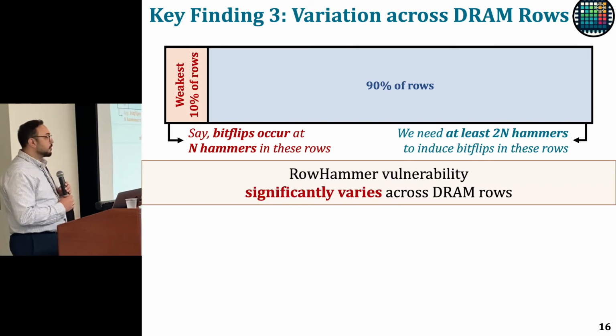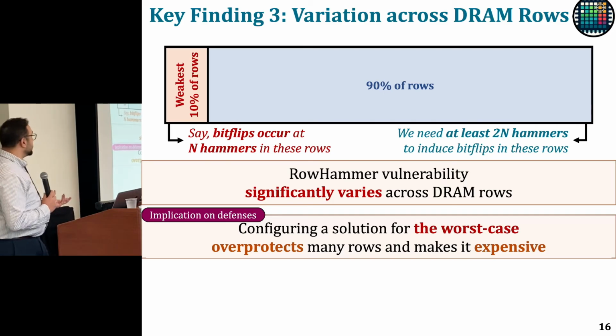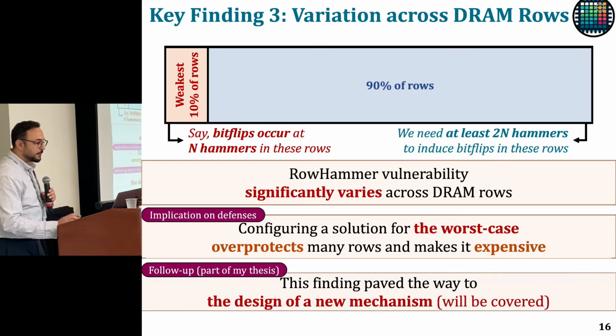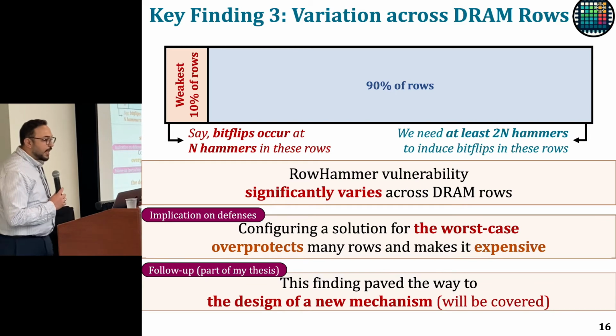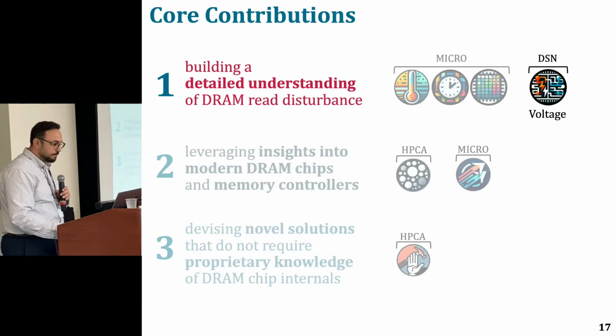So this shows that RowHammer vulnerability significantly varies across DRAM rows, and this also has an implication on defenses. If you configure your solution for the worst-case row, then you end up overprotecting many rows, and it makes your mechanism more expensive unnecessarily. And this also has a follow-up work that is part of my thesis, and I will cover it shortly.